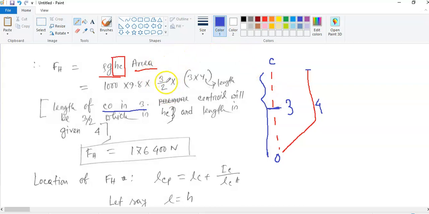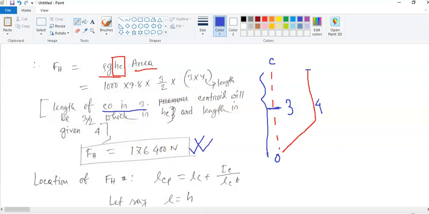So the height is 3/2, and the area is the vertical projection times the length. So the length is 4, and we know this vertical projection is 3. So we got the horizontal force is 176,400 Newton.